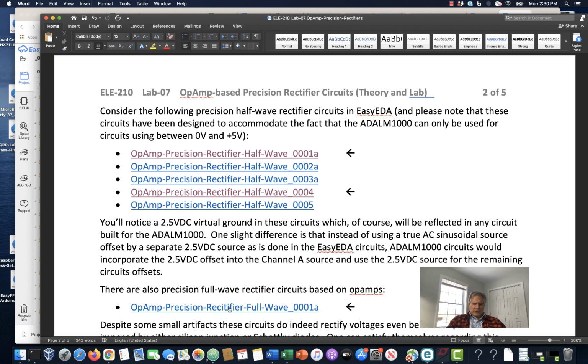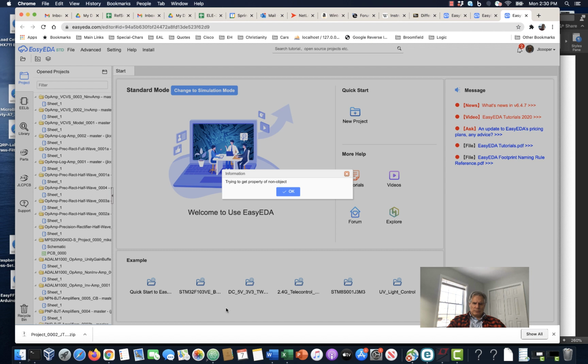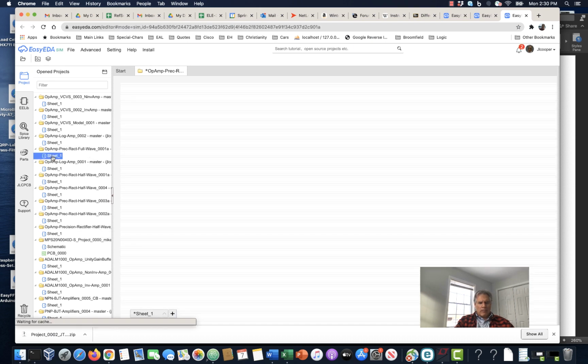Let's see what we have here. The last one here is a full wave precision rectifier. It says it's trying to get property of non-object. That doesn't look like a happy time. Let me see if I can find my full wave. Here's a full wave rectifier here.